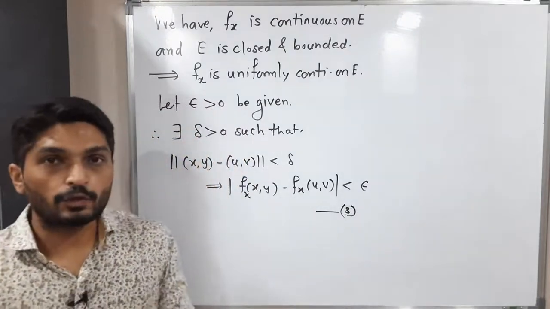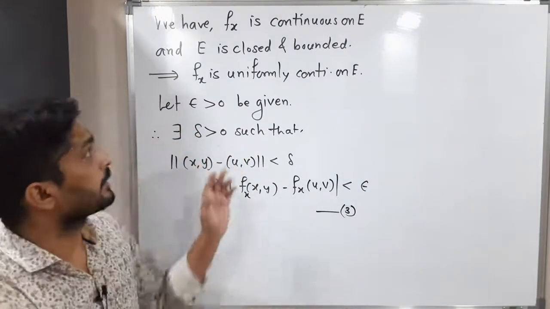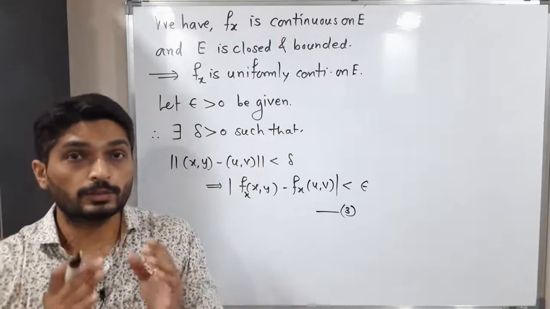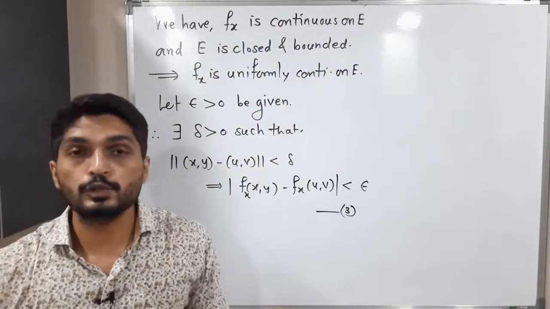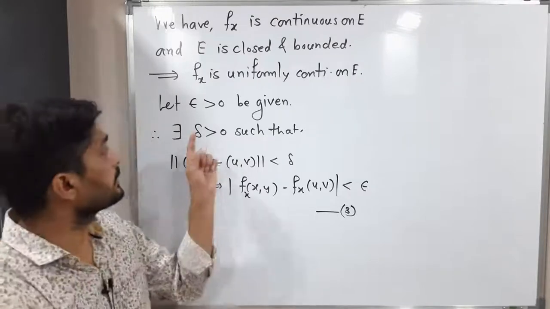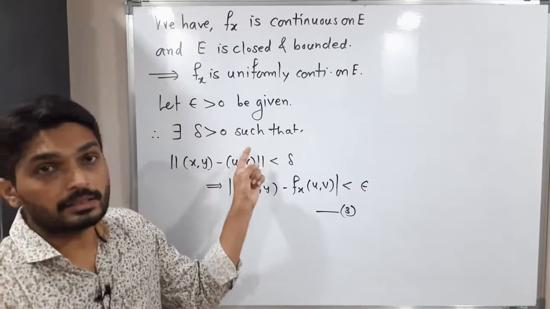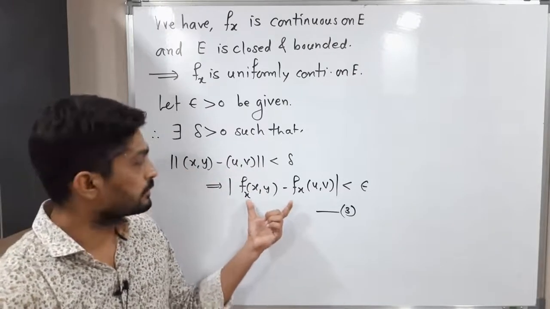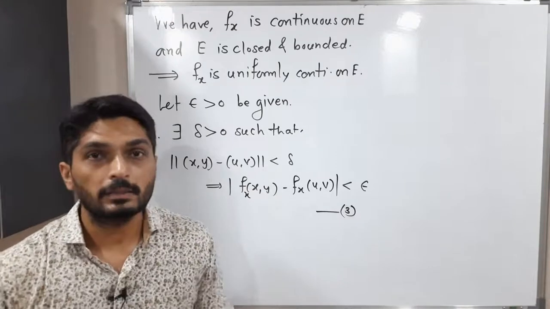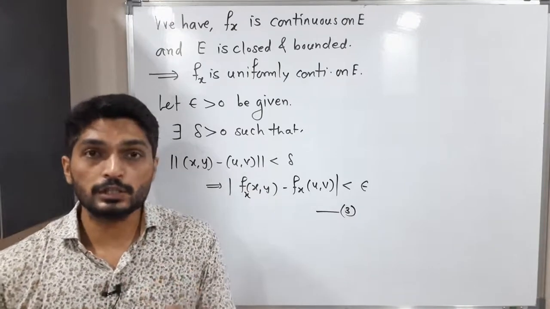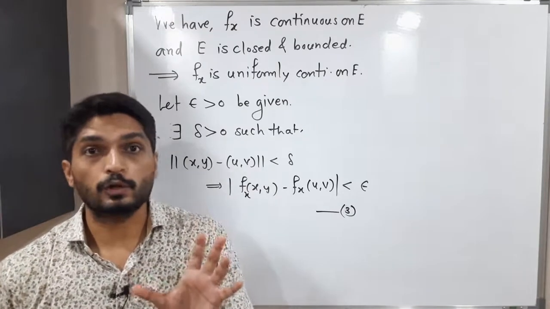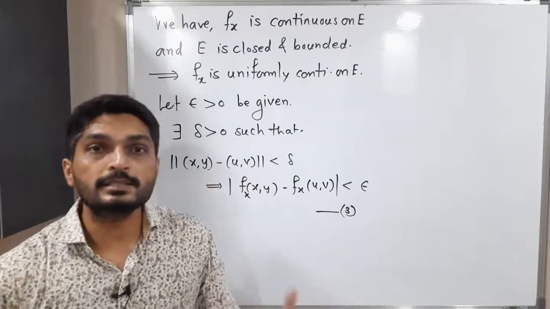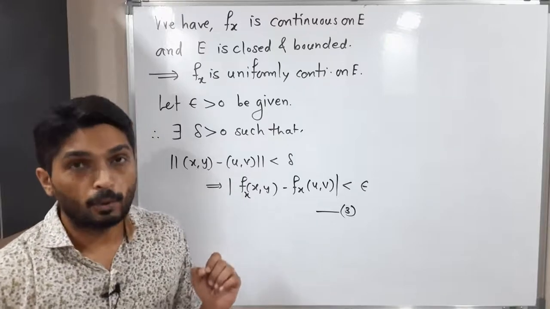Using the definition of uniform continuity we could write it. The function fx is continuous and defined on a closed and bounded set, so it is uniformly continuous. The definition says for given epsilon greater than 0 there exists delta greater than 0 such that norm of these two less than delta implies fx of this one minus fx of this one less than epsilon. The function is defined on a subset of R2, so I apply norm here, but the codomain is a subset of R, so I applied mod.